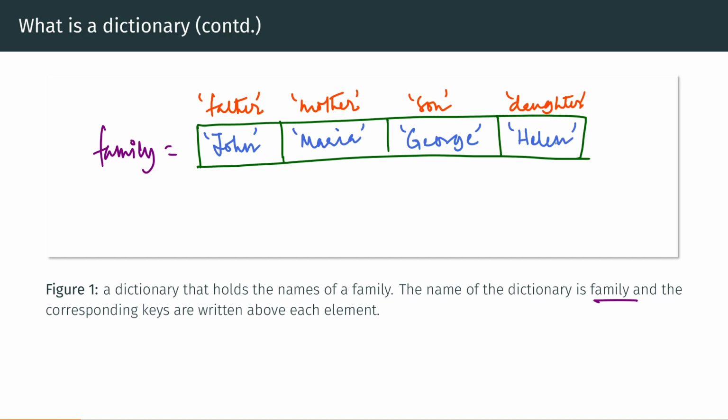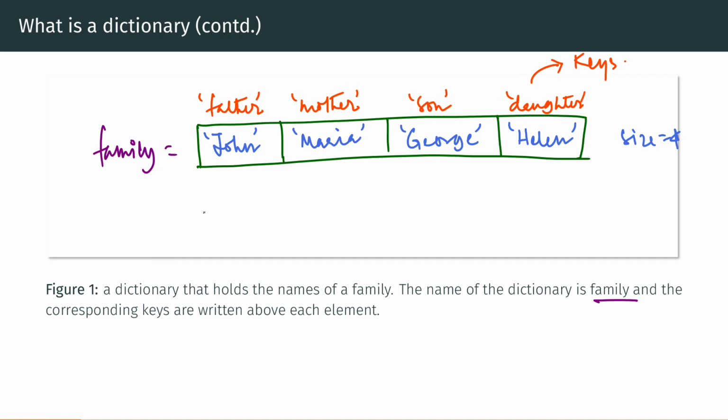Okay, so this is how a list would look like. Okay, the list contains 4 elements. So the size of the list is 4. Size equals 4. These are the keys which sort of act like indices. Okay, so if you were to declare family as a list as opposed to a dictionary, how would you do it?